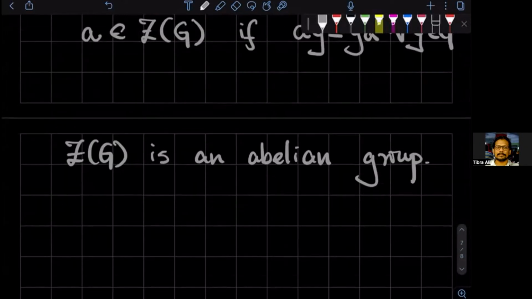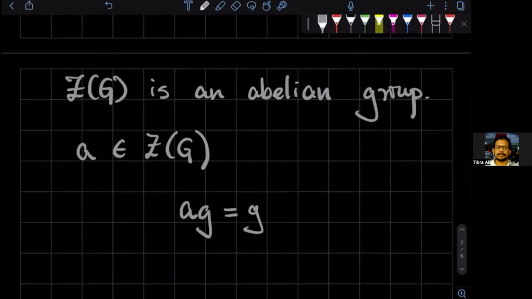And to show that, let's just do one little thing. If A is in Z of G, that means, of course, that A times g, for arbitrary g, is gA.